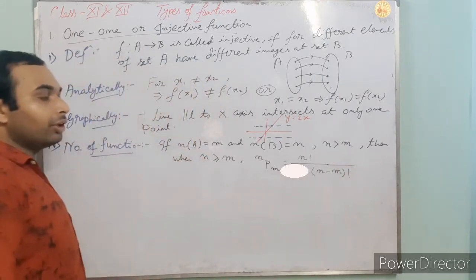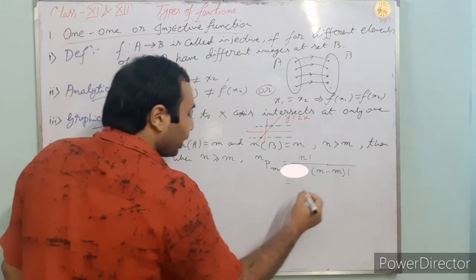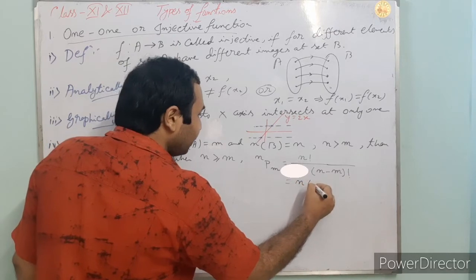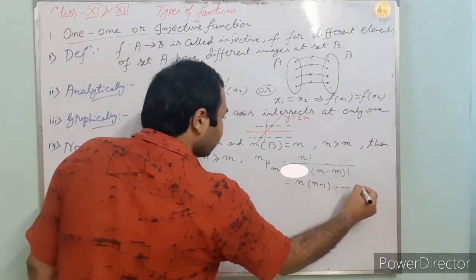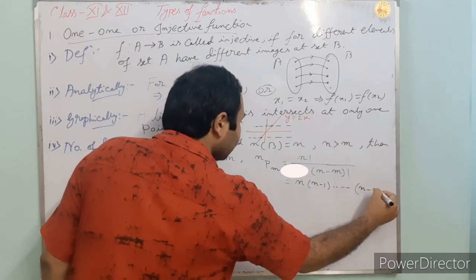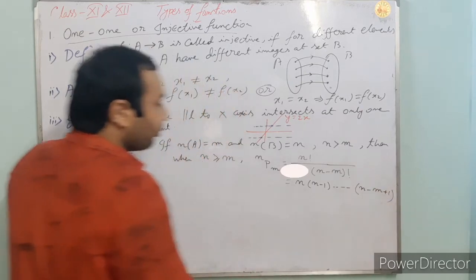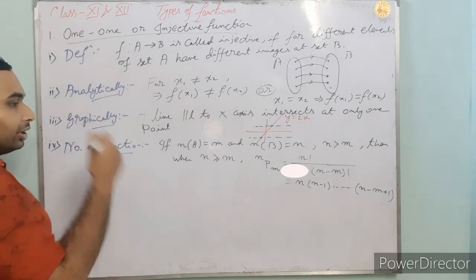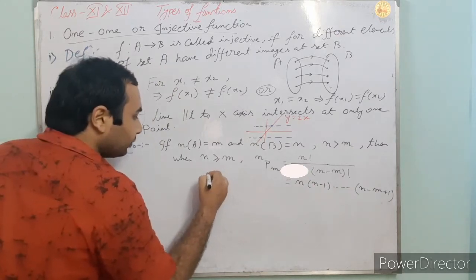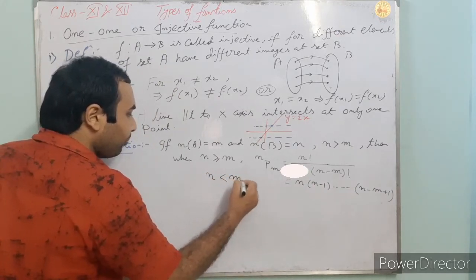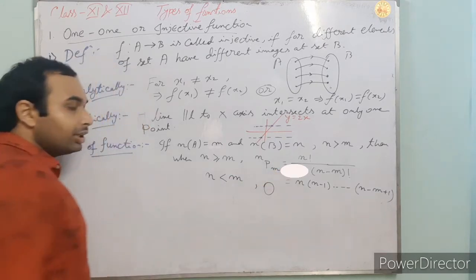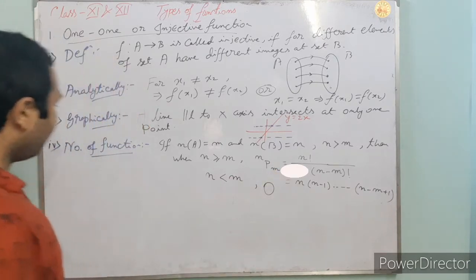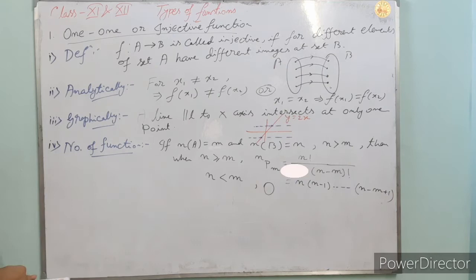If you don't know factorial, just keep in mind it is n into n minus 1, and so on up to n minus m plus 1. This is the total number of injective functions, and if n is less than m, then the number is 0.